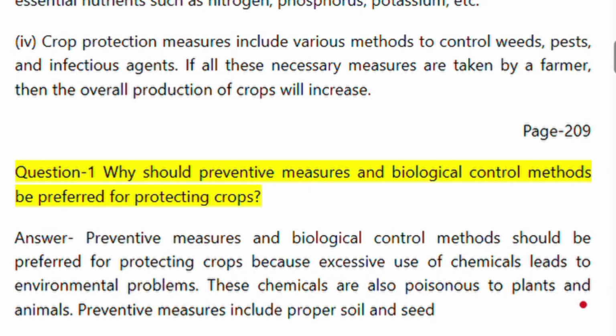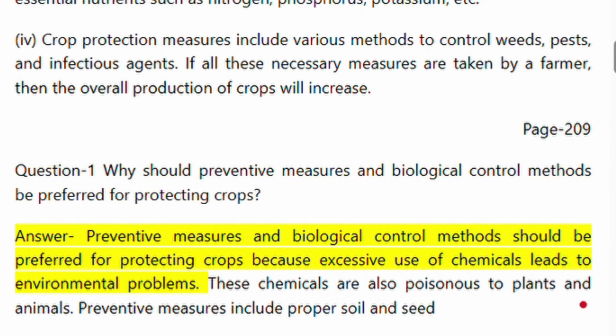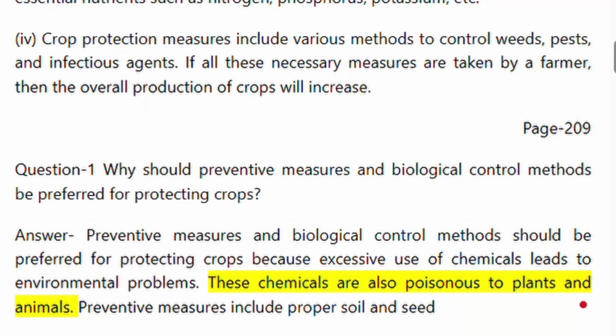Question 1. Why should preventive measures and biological control methods be preferred for protecting crops? Answer. Preventive measures and biological control methods should be preferred for protecting crops because excessive use of chemicals leads to environmental problems. These chemicals are also poisonous to plants and animals.